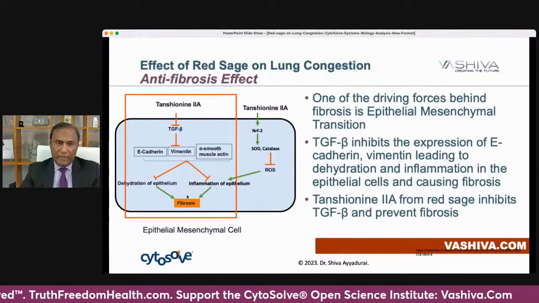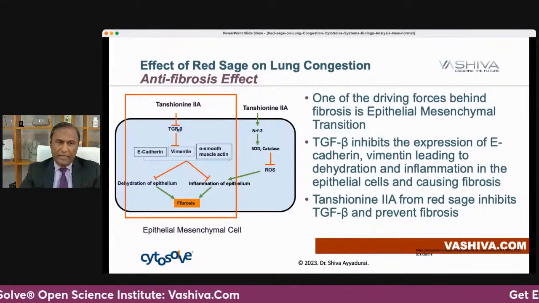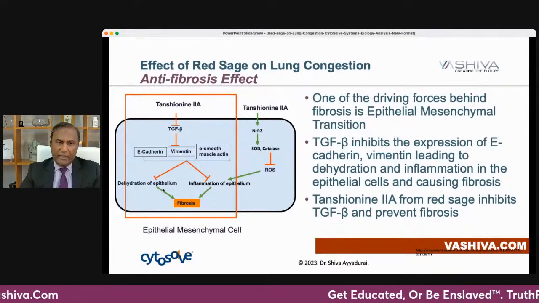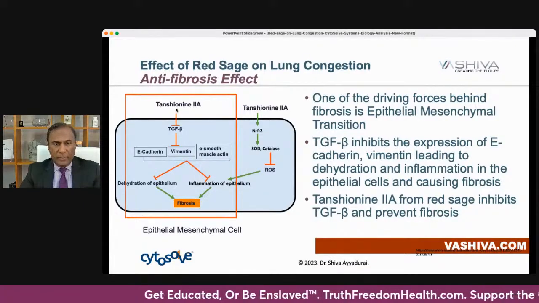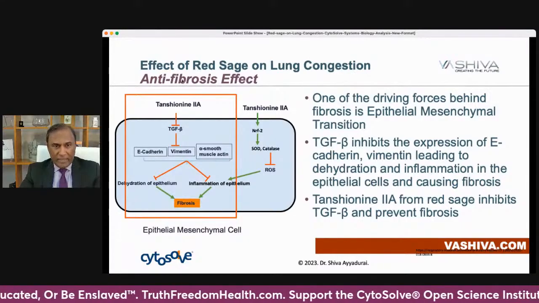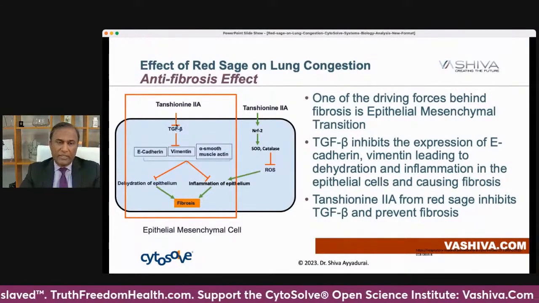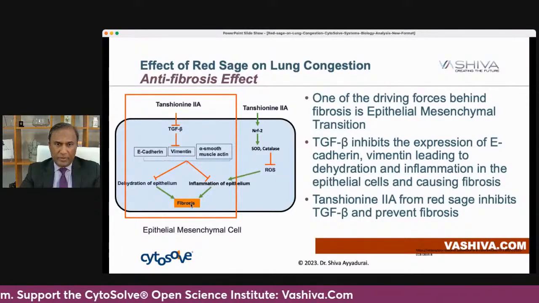And this causes fibrosis. This is happening because TGF-beta blocks E-cadherin and drives Vimentin, and then downstream you get fibrosis. Now tanshinone IIA, which is in red sage, guess what it does? It blocks TGF-beta, so none of these pathways occur, so you're blocking fibrosis. That's one of the effects.